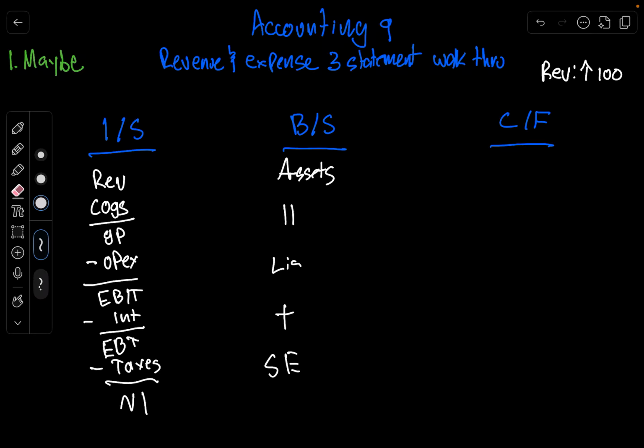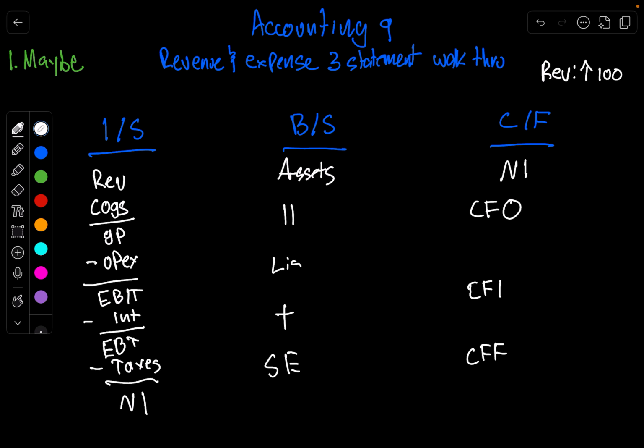And we know that our cash flow statement starts off with our net income, and then we're going to look at all of the adjustments for our cash flow from operations, then all of our adjustments for our cash flow from investing, and then all of our adjustments for cash flow from financing, right? So that's the general structure of our income statement, our balance sheet, and our cash flow statement, right?